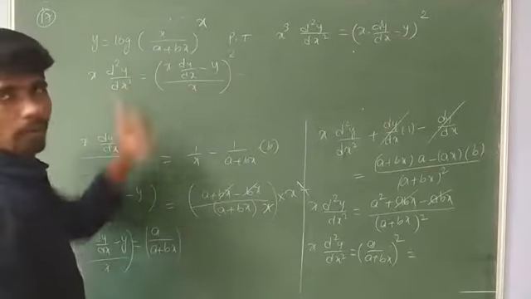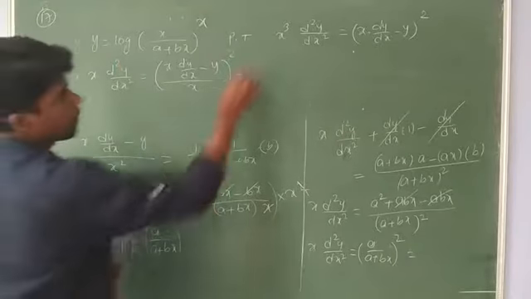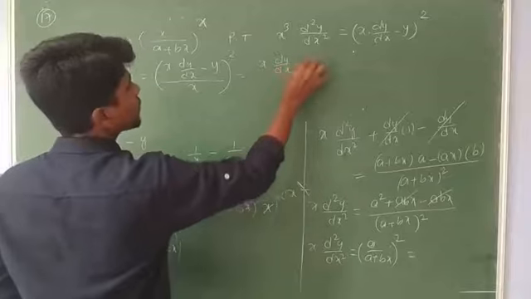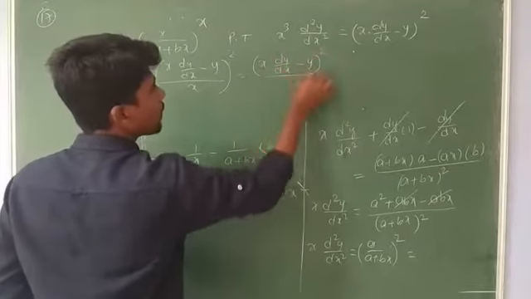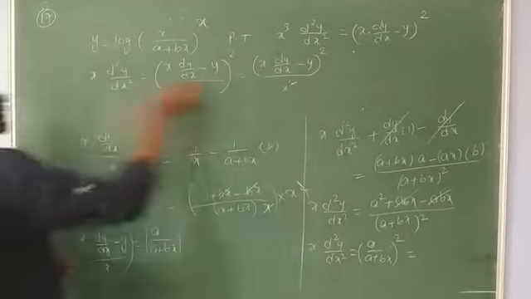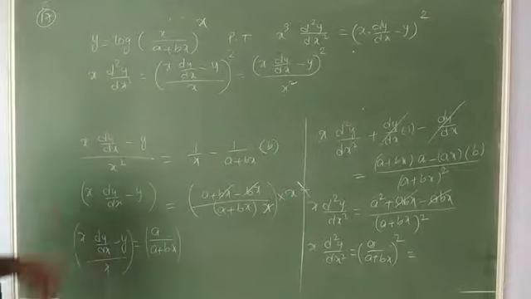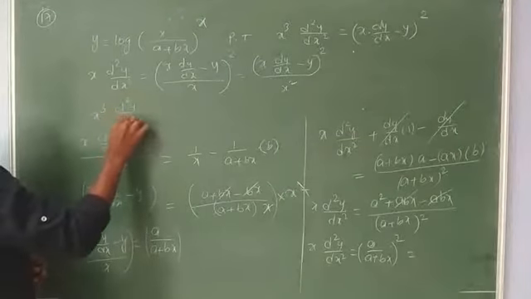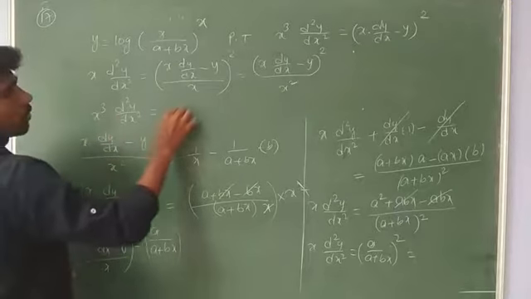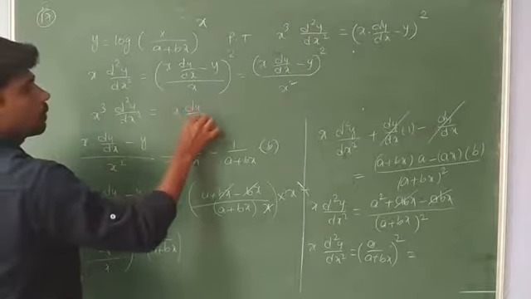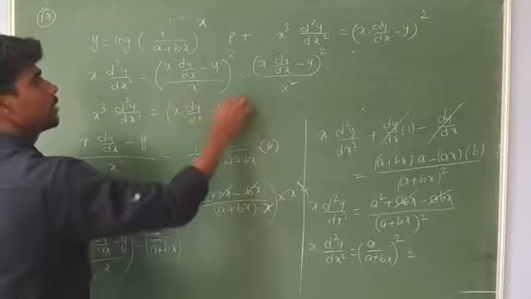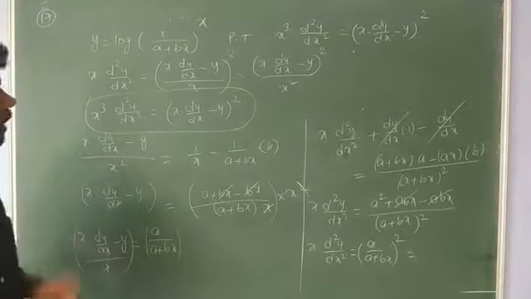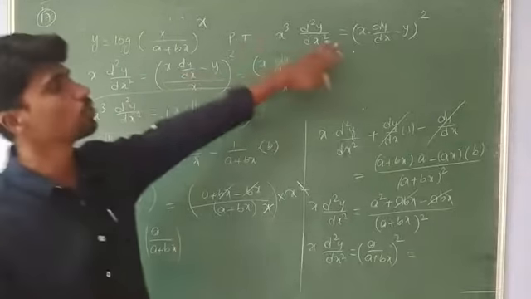Then x into dy by dx minus y whole square by x square, transfer to the left side, x into x square we get x cube into d2y by dx square, which is equal to x into dy by dx minus y whole square. This is what they asked us to prove.